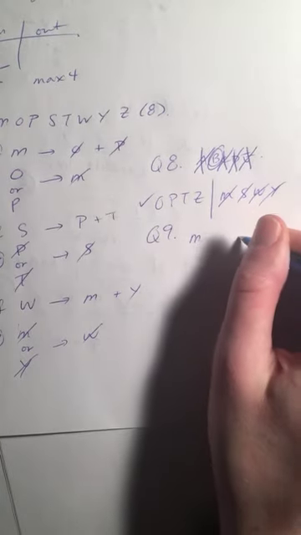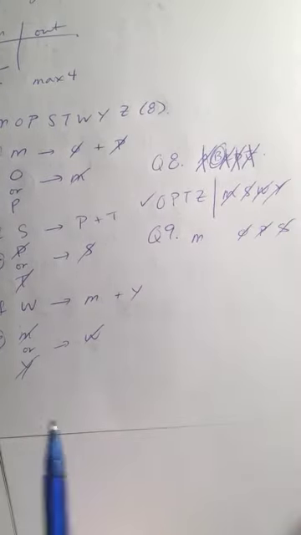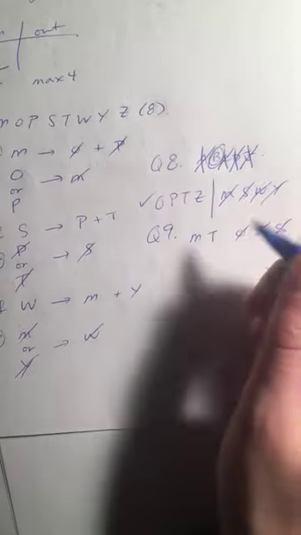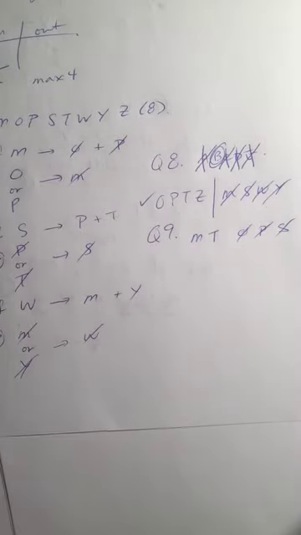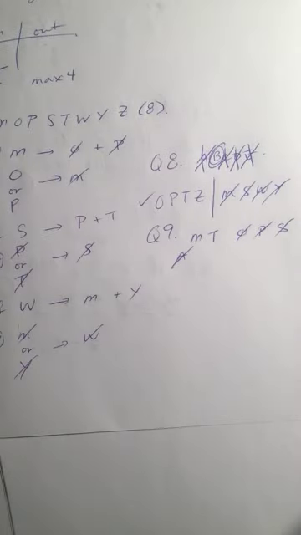So if M is on a team, then O is out, P is out. If P is out, then S is out. I don't see any other triggers for that. Now if T is in, does that have any consequences? No, it doesn't. T being in is not a trigger, so there's no reason to think that these two cannot be on a team together. Okay, so that's perfectly fine.